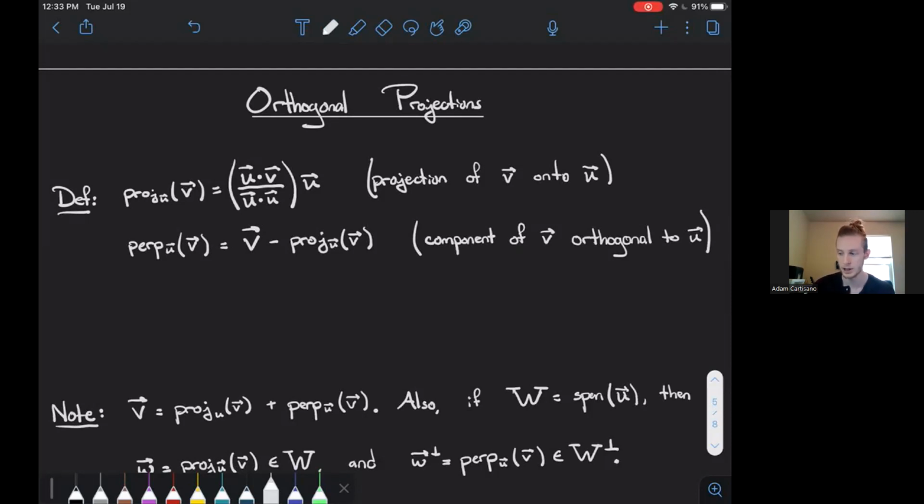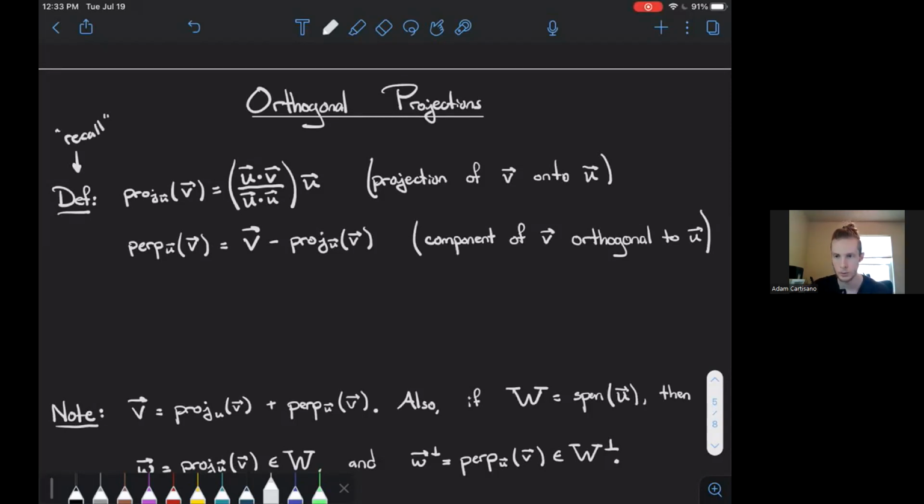And being able to project one vector onto another is going to be super useful. We glossed over it briefly in chapter 1, but I'm just going to give you the definition.